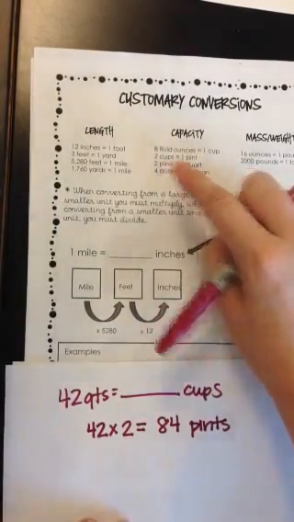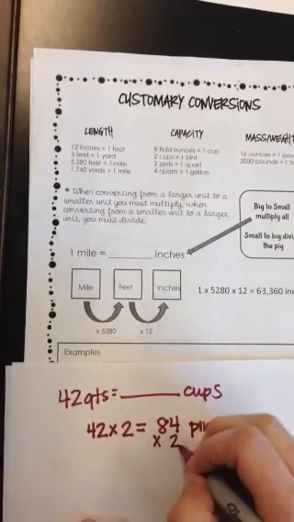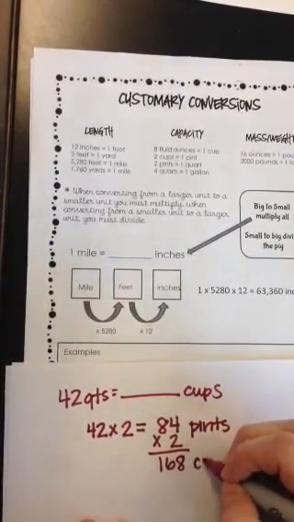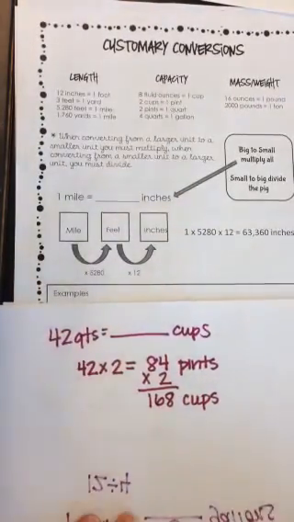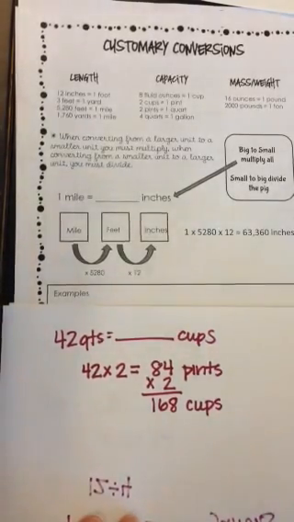And there are 2 cups in each pint. So I'm going to take the 84 pints and multiply it by 2 to give me 168 cups. So 168 cups is the same as 42 quarts. So again, sometimes when we convert, we can't just go from one unit to the other. You might have to take a couple steps in order to get there.